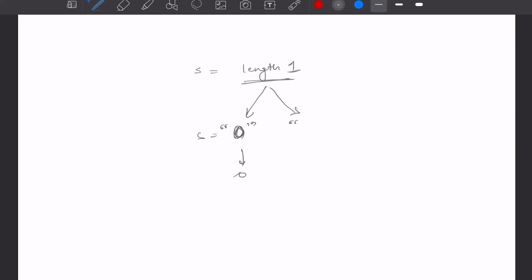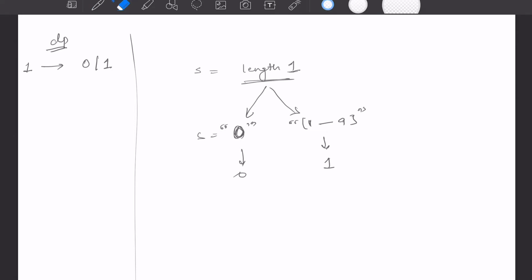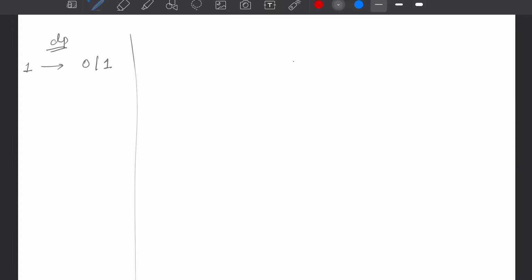But if s is anything from 1 to 9, we can decode it, and we can decode it only in one single way, right? So let's create a dynamic programming table. I'll write dp. So if the length is 1, I have two possibilities, 0 or 1. Now suppose the length is 2, right? So take length as 2.